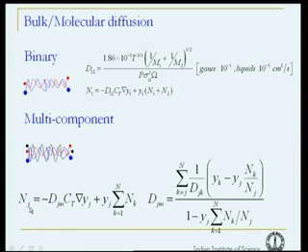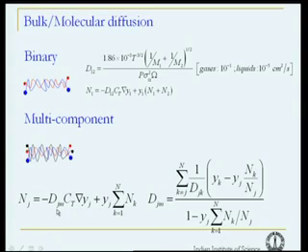So, if you are looking at the jth species, then the flux of the species Nj is given by the effective diffusion coefficient of J in the mixture, and that is why we call it DJM. It is of course the Fick's molecular diffusion equation, concentration gradient multiplied by the diffusion coefficient, plus the flux due to the bulk motion of the fluid.